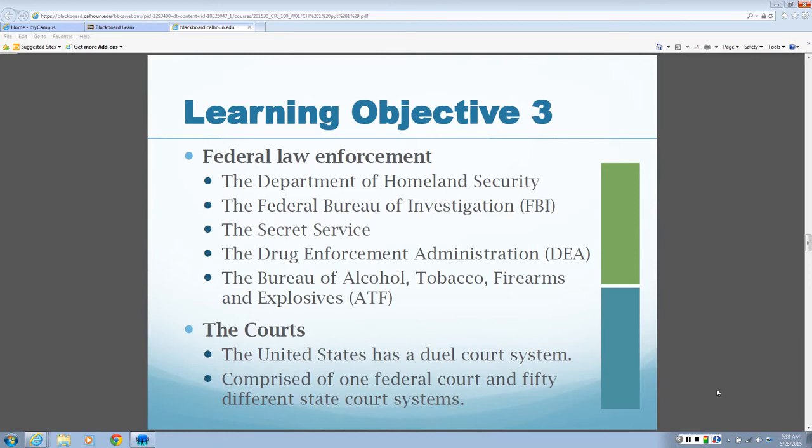So we were talking about the United States has a dual court system, which means a federal system and each state, including Washington, D.C., has their own basically state level type of system. Now, we also have local courts, and those local courts are maybe city courts or local traffic courts.